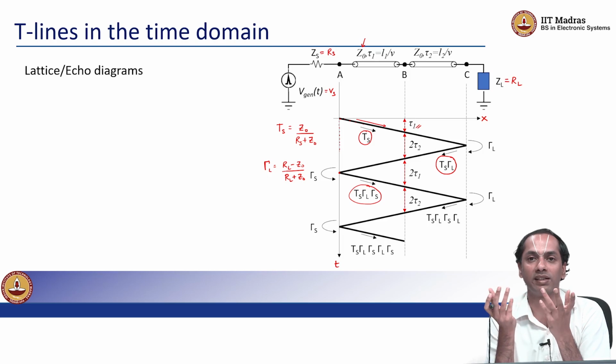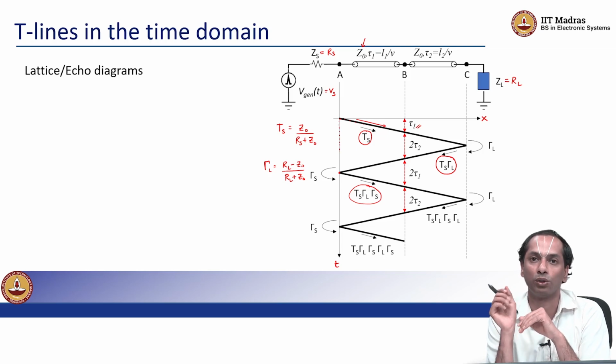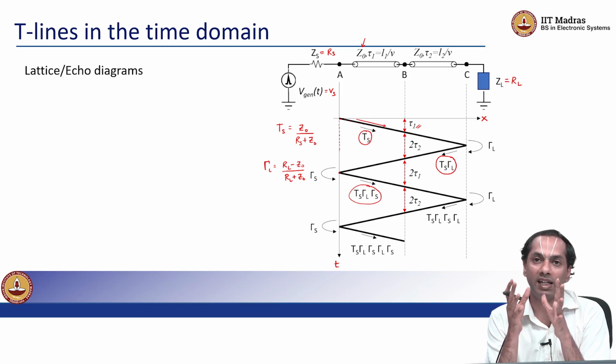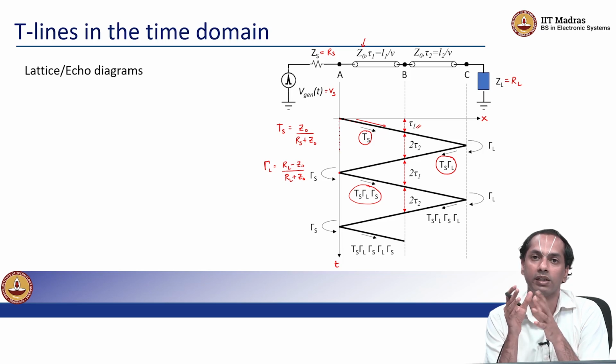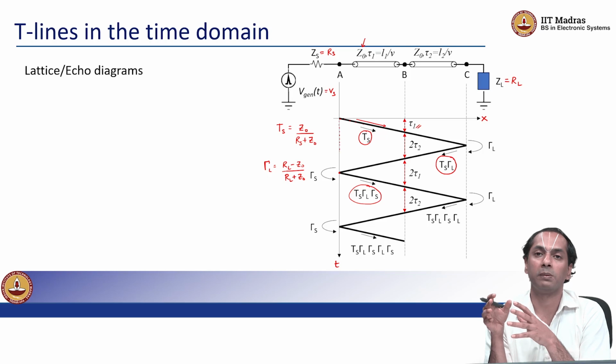Remember that voltages and currents are not physical entities like a ball or a javelin stick that I can throw and it goes and comes back, or a boomerang. But remember that when I say that something is moving or rattling back and forth, it is the appearance of movement, that what voltage was measured at one particular location, say A, again seems to be measurable at B sometime later.